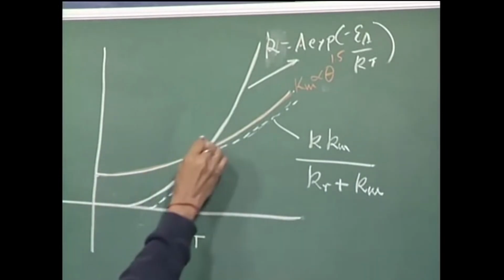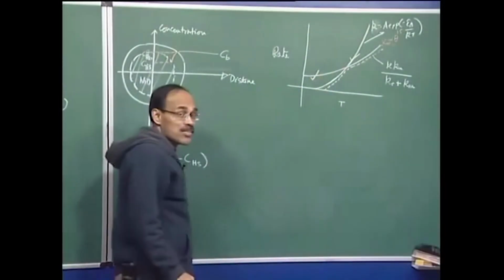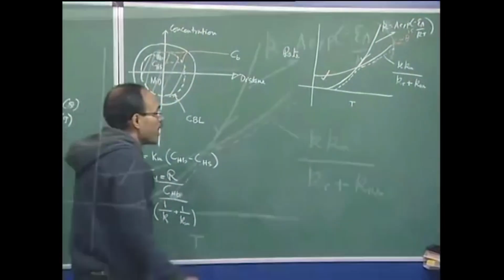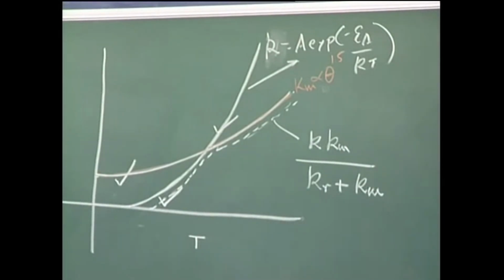So this is the curve of response of chemical reaction rate control processes with temperature. This is the curve for response of mass transport control reaction with temperature, and this is the curve for the response of both mass transport and chemical reaction control with temperature. And the last one, as you have seen, has lower temperature characteristics akin to the steepest line, and towards the higher temperature, we see that the chemical reaction is now very, very fast.